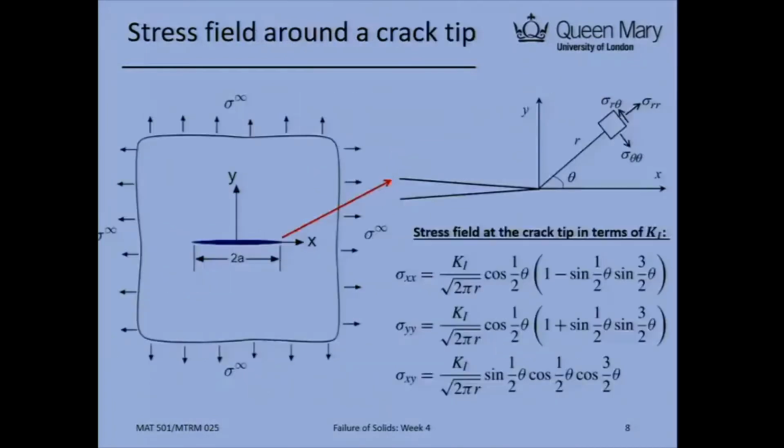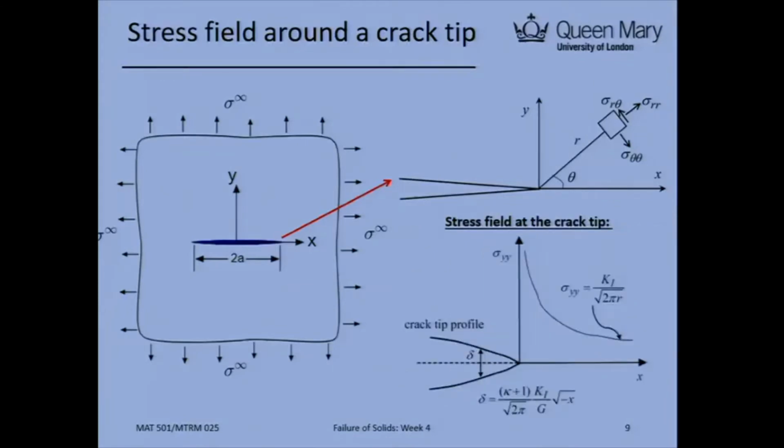Now, when we rewrite the equation from before, this term is the same as before, and we just replace the top part with Ki. That's how you relate the stress at any point here to this equation. And if you plot that, again, it's very similar to the one you saw before.